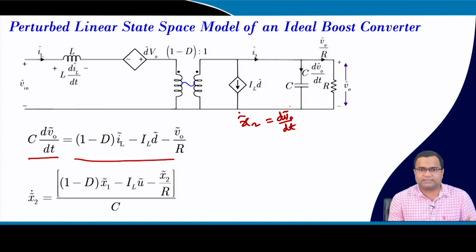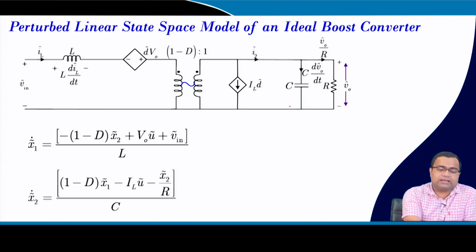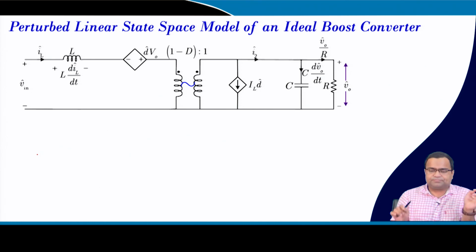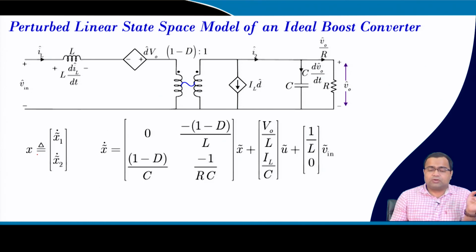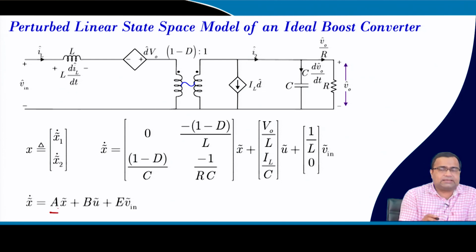So, we can obtain this equation, and finally the state space equation x1 dot and x2 dot, these are all tilde because these are quantities around their steady state quantity. So, we can obtain the overall Perturbed state space model of the AC equivalent circuit of the boost converter. And this A matrix is the system matrix.